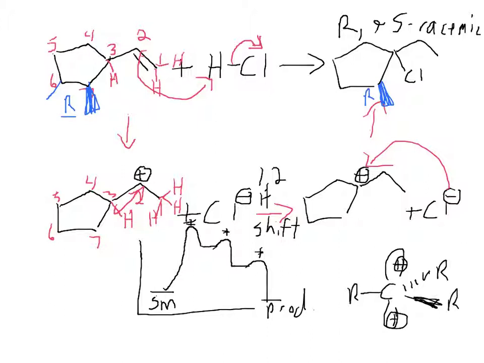If I already had one stereo center in the molecule, and I made this new asymmetric center that's half the time R, half the time S, I just created diastereomers, right? I could have RR or I could have RS.